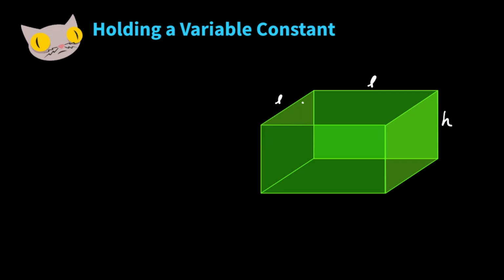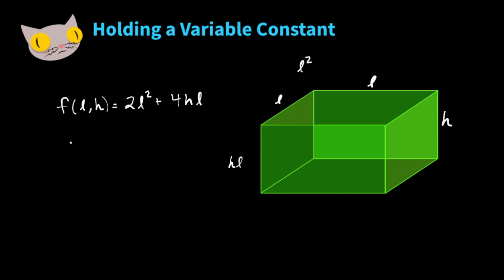Next, let's look at this rectangular prism and its surface area. The surface includes a top and bottom with areas of L squared each, and 4 side areas with area HL. So we can write that as a function with 2 variables, L and H: 2L squared plus 4HL.